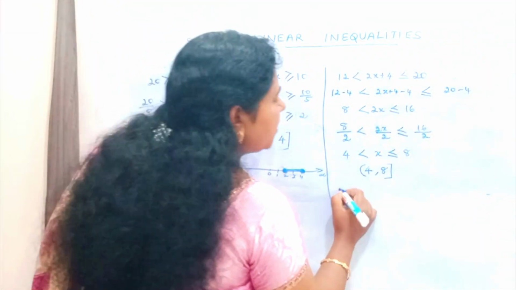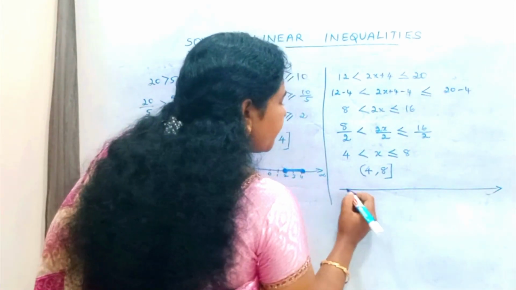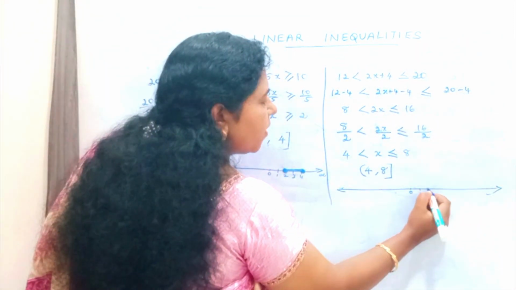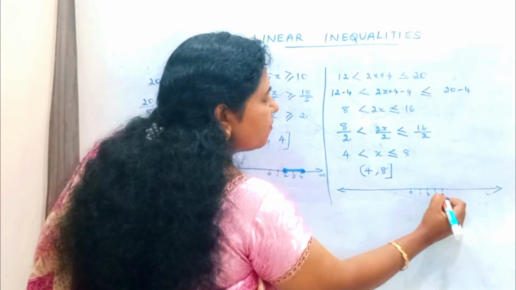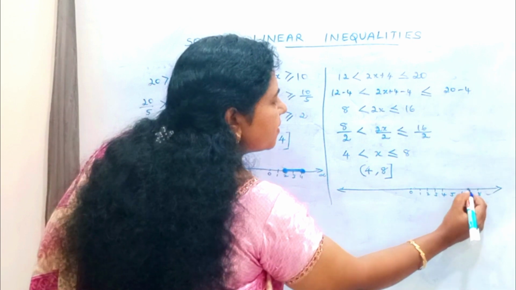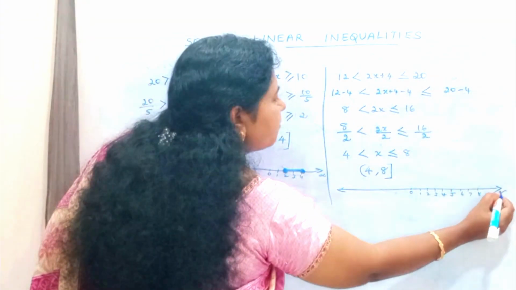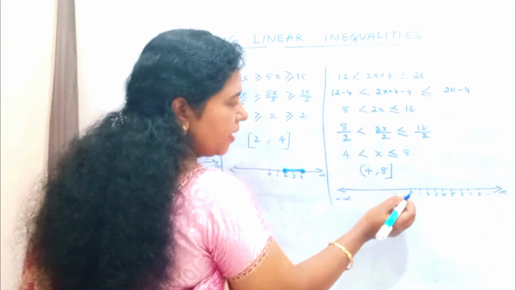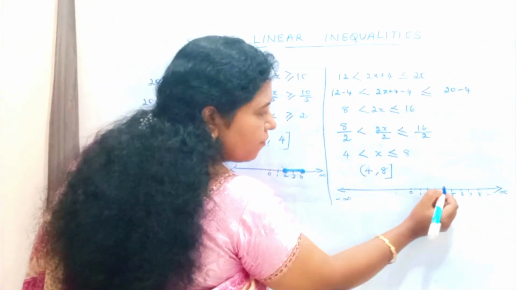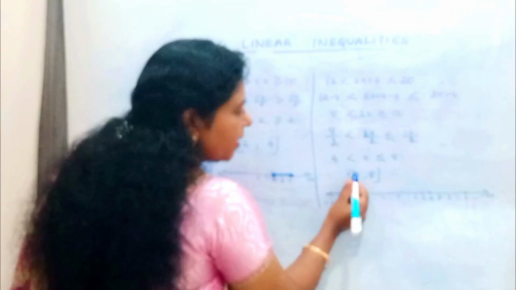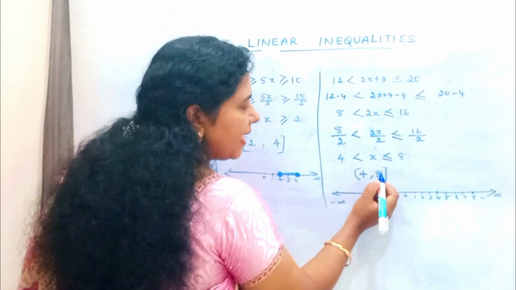Okay, now on drawing the number line, here it is 0, 1, 2, 3, 4, 5, 6, 7, 8, infinity, minus infinity. So here 4 comma 8. 4 is one point and 8 is the other point. 4 is not included, 8 is included.